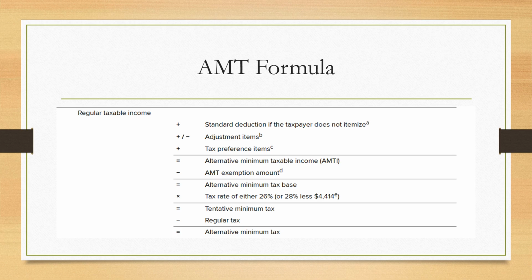If the taxpayer's alternative minimum taxable income is $220,700 or less, the AMT rate is 26%. On the opposite, if the alternative minimum taxable income amount is more than $220,700, then the AMT rate is 28%.